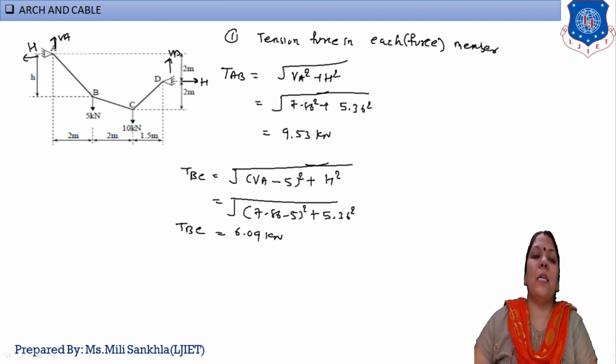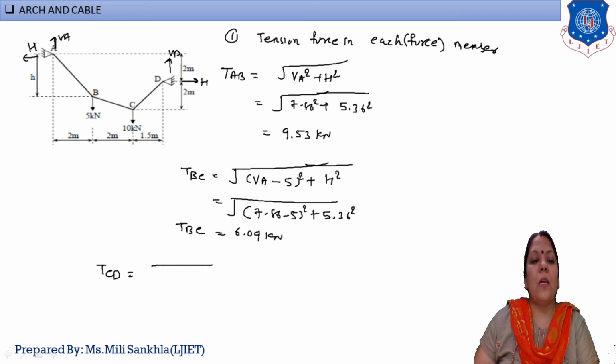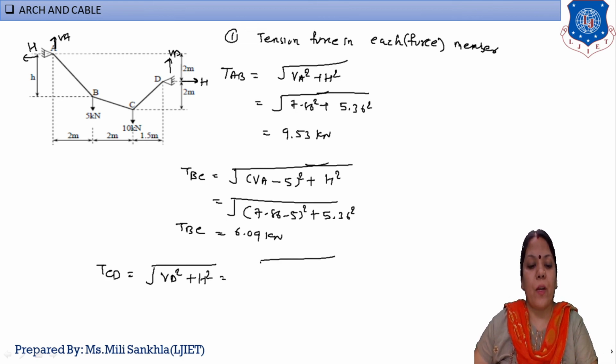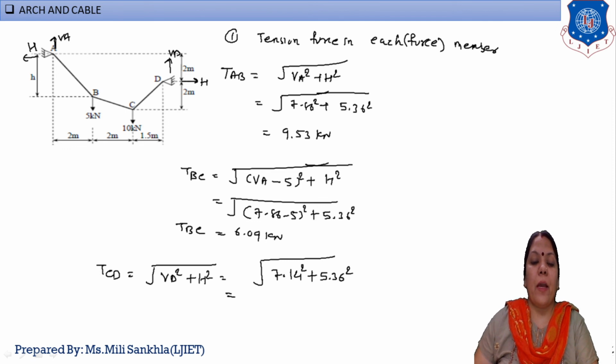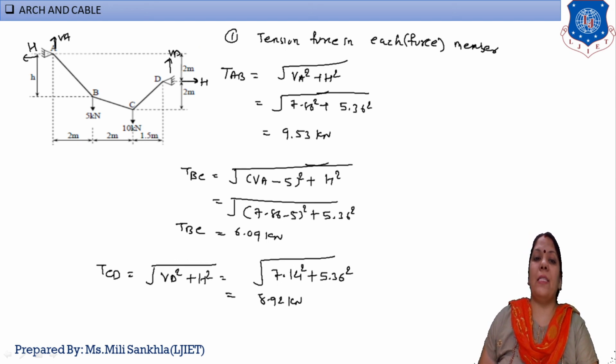Now TCD is found at the near end VD. TCD is equal to the square root of VD square plus H square. VD we found 7.14 square plus H 5.36 square, and our final answer is 8.92 kilonewton. This is our tensile force.